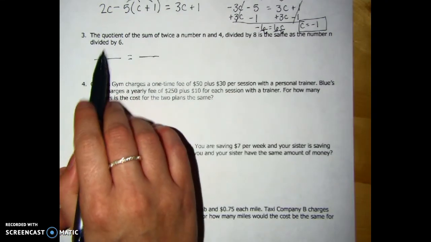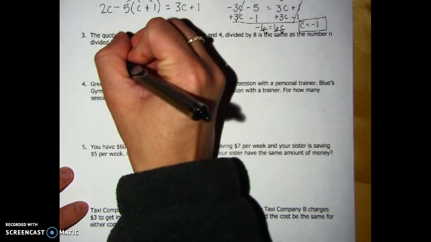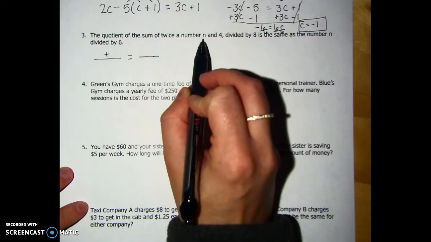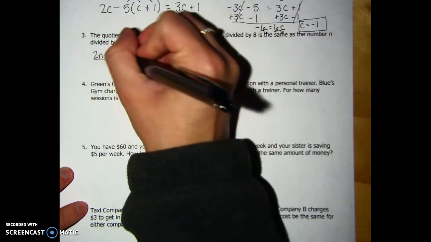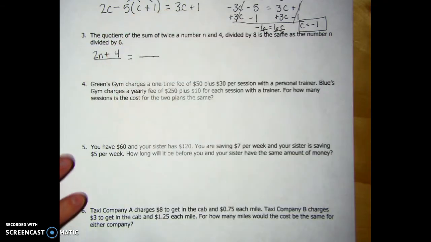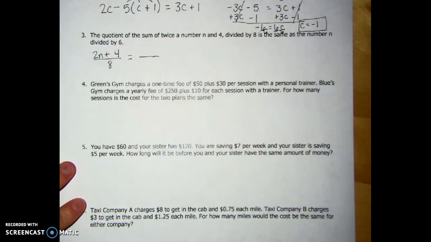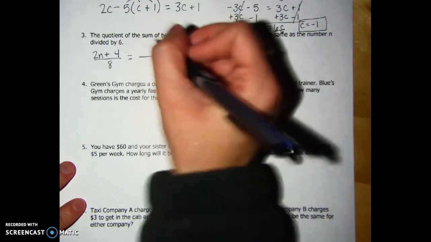So up here, the quotient of the sum, so I'm going to be adding something, and that will go on top, of twice a number n, so that's 2n, plus 4. Divided by 8, so 8 goes on the bottom. And then is the same as the number n divided by 6.